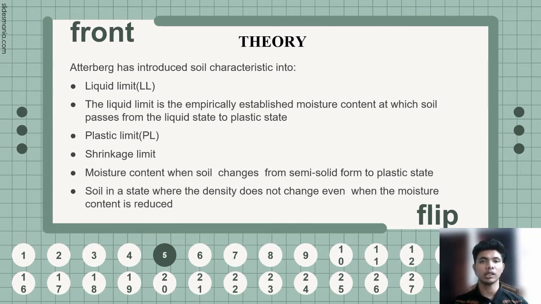After that is plastic limit, then shrinkage limit. Plastic limit is the moisture content when soil changes from semi-solid form to plastic state. Last but not least, shrinkage limit is the state where the density does not change even when the moisture content is reduced.